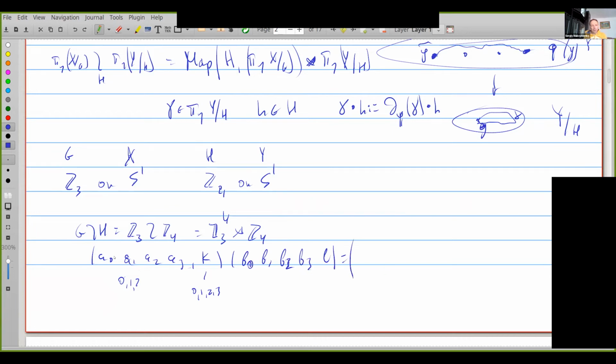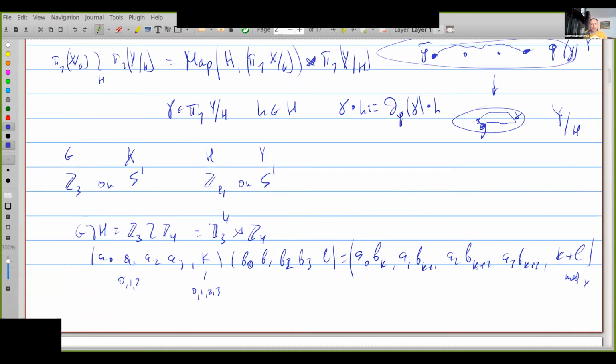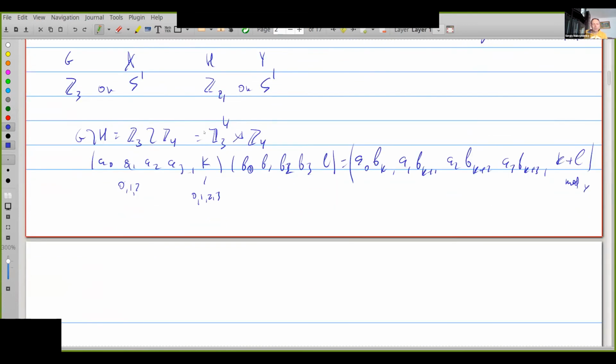I multiply them, but first I need to cyclically shift these elements by K. So it will be A0 multiplied by B_K, then A1 multiplied by B_{K+1}, A2 by B_{K+2} and A3 by B_{K+3}, and after that I also add K plus L, taking it modulo 4. So this is a multiplication in this direct product.